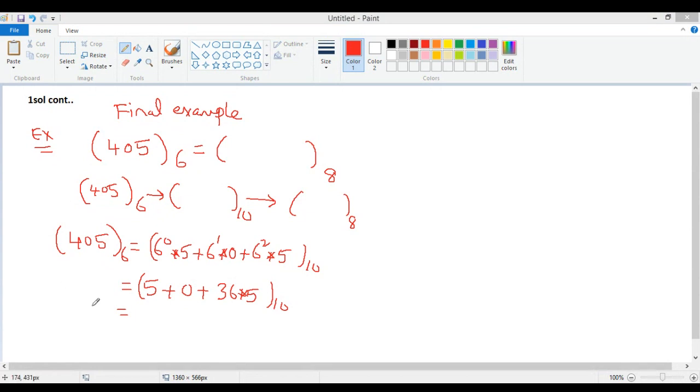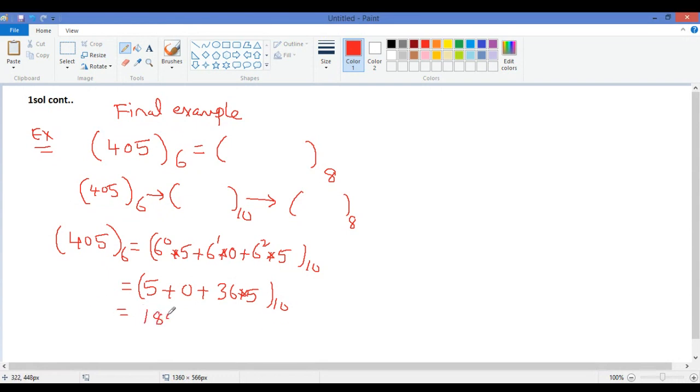Okay. So we get the answer as 149, which is in base 10. Okay. So we have completed half, which is 149.